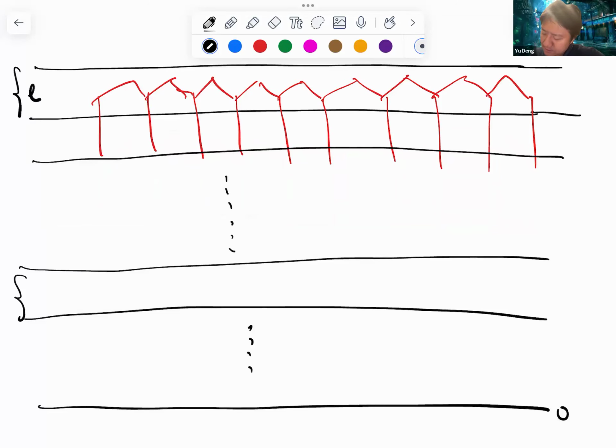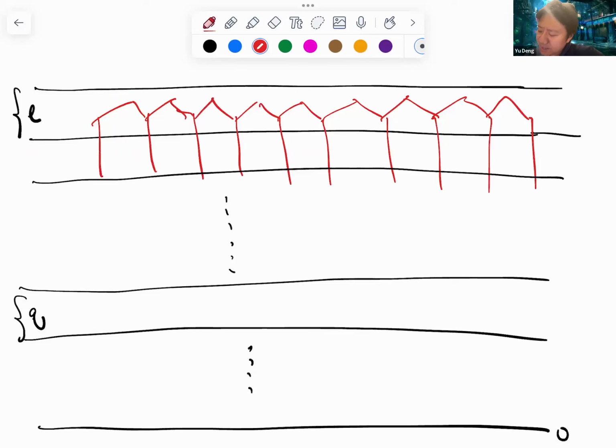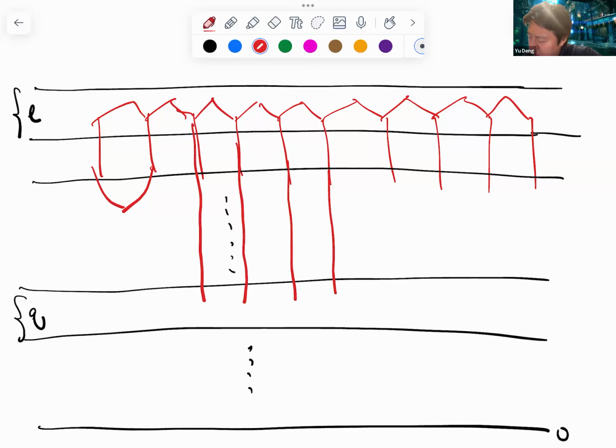This is Q. You may have some connections here, but it doesn't matter. The majority of the particles are not connected to each other until they reach this layer Q, where they really get connected.